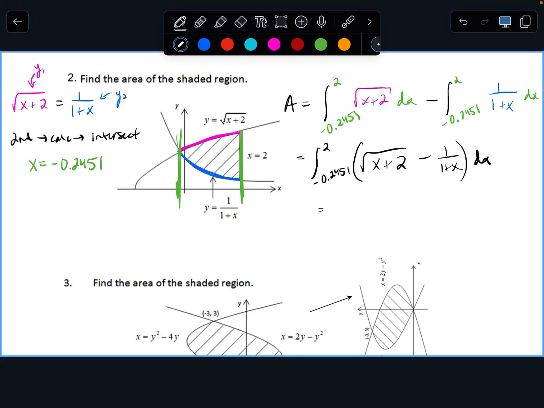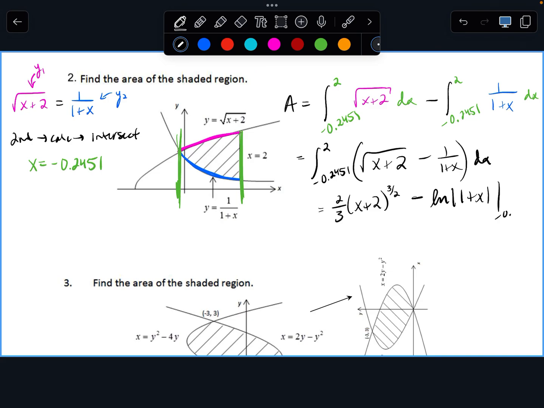So the antiderivative of this would be x plus 2, increase the power, divide by the new one. And then here I treat it as 1 over x. So that's going to be natural log, but it's not too complicated under there, so you're just going to do natural log of 1 plus x.